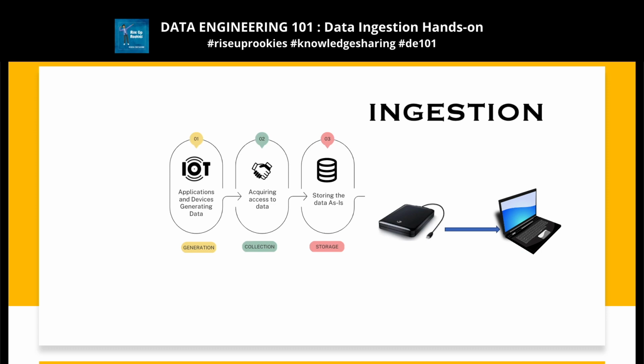Now you can see that data is getting copied from your hard disk to a laptop, right? This might be a one-time activity, or if you're a photographer, you might want to transfer a lot of data on a daily basis, or whenever you attend an event, you copy that data into your laptop.